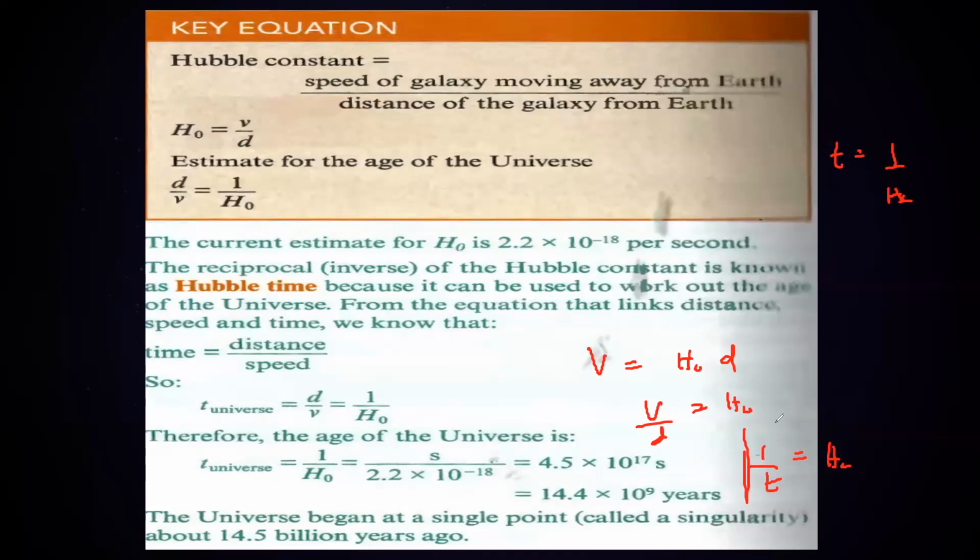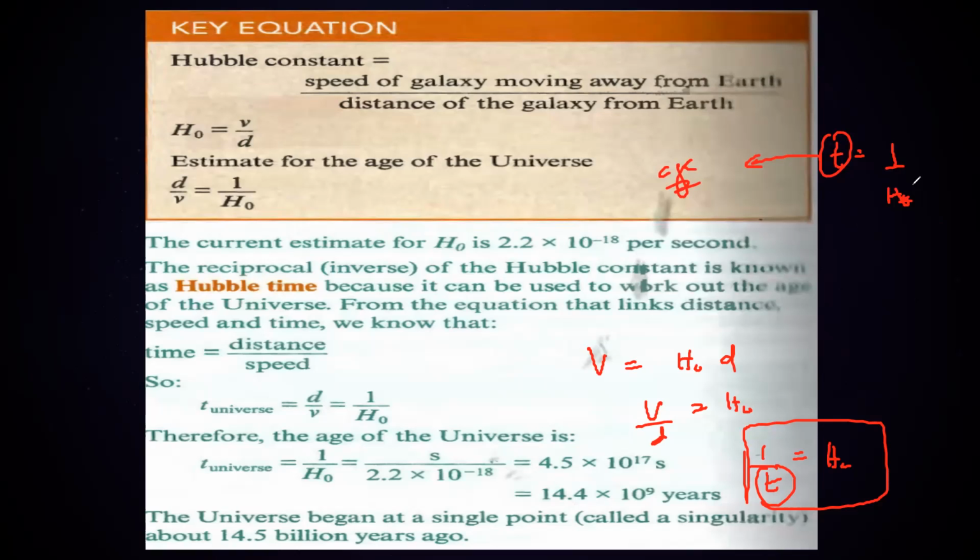We just change the subject. Like if we need time, the Hubble constant will be H naught. So we just substitute the value of the Hubble constant and we get the time, and that time is known as the age of our universe. And that age will change as the value of the Hubble constant changes. There is a lot of uncertainty about the value of the Hubble constant.